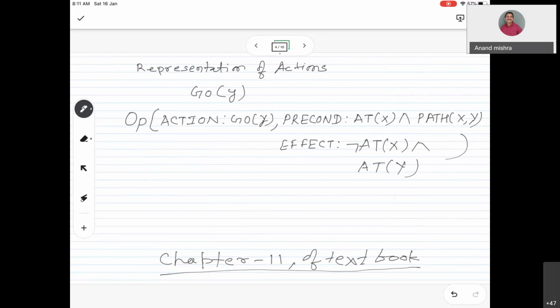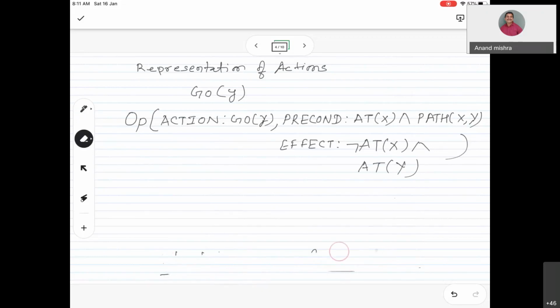You have action, preconditions, and effects. The other way of representing an action is a graphical way, which is very similar to this. Graphically, an action is usually represented inside a rectangle, so Go(Y), and you draw a line out of it.